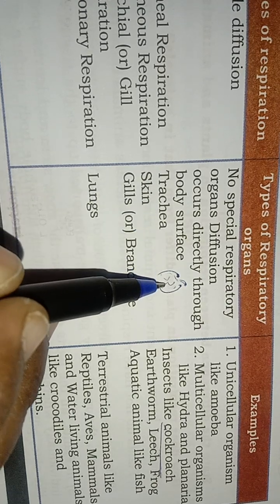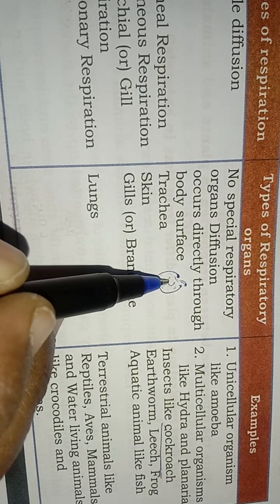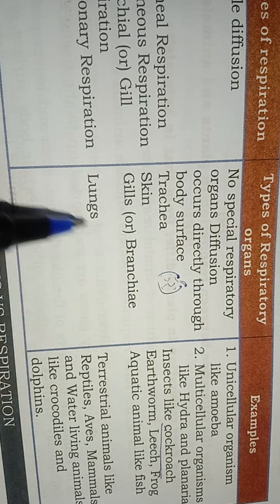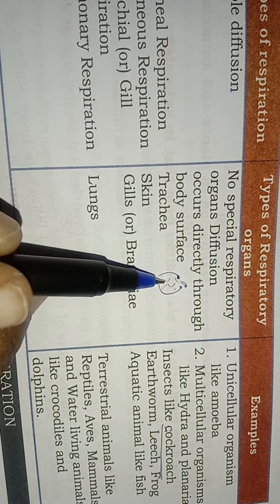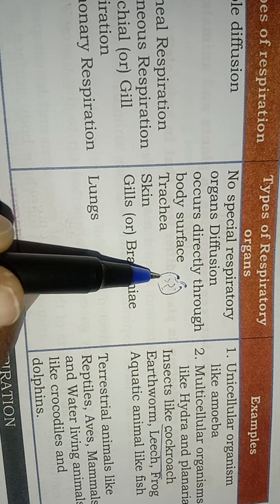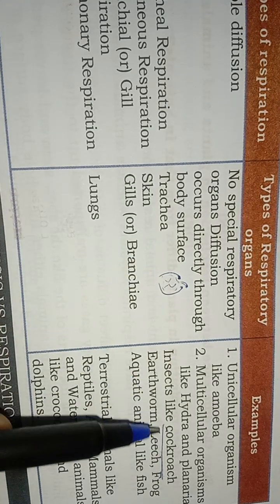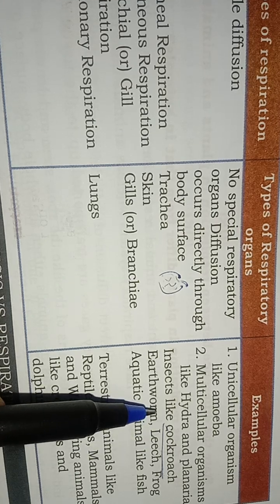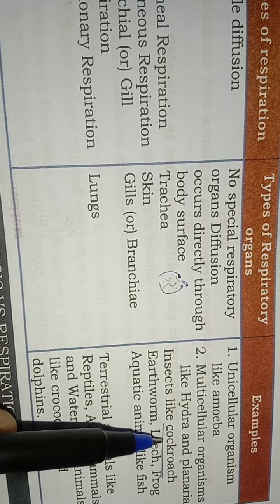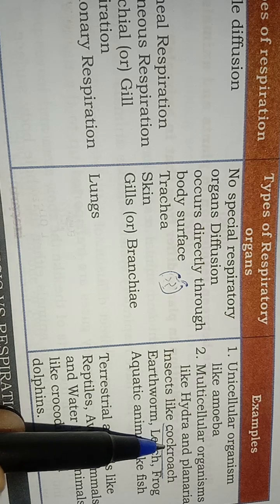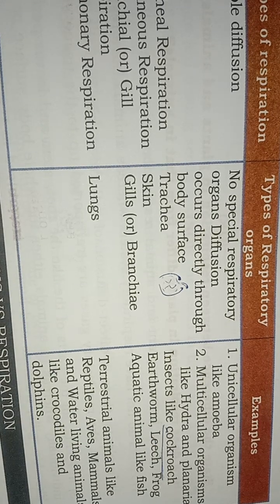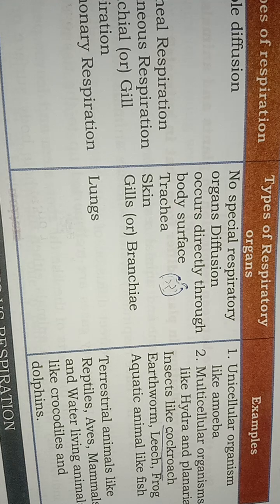It takes the entire air, not just oxygen, to each and every cell, and there diffusion takes place directly to the cells. If you see cockroach blood, it is white in color, not red, because of the absence of hemoglobin.